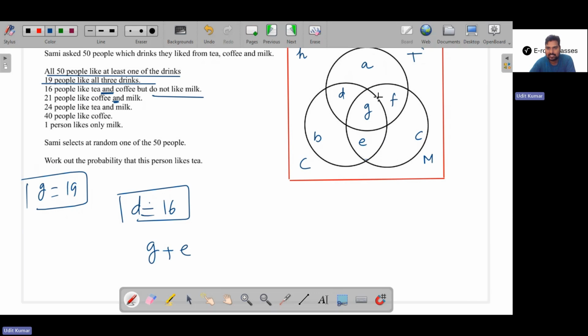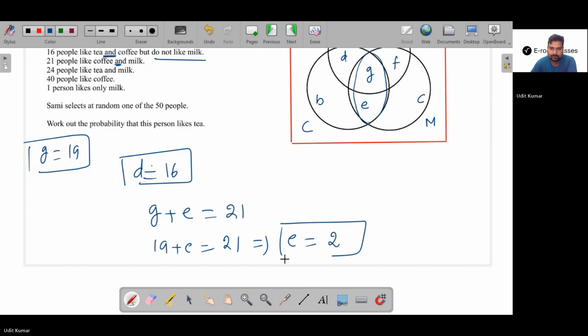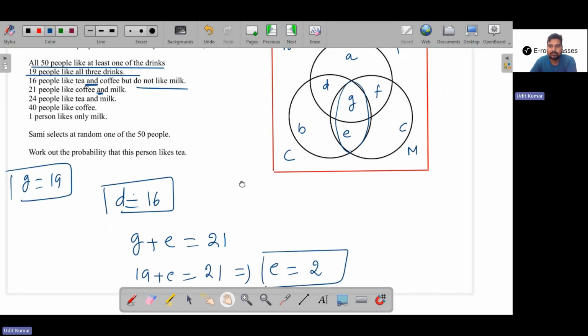So G plus E should be equal to 21, and you already know that G is 19. So 19 plus E is 21, which means E is 2.